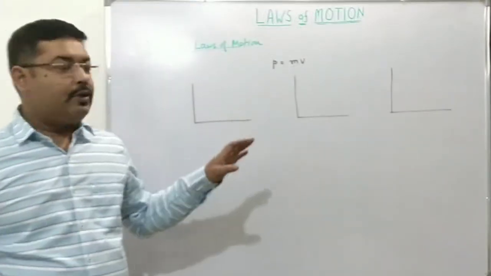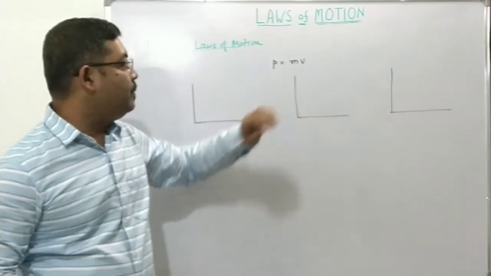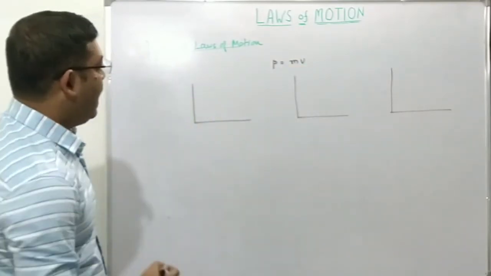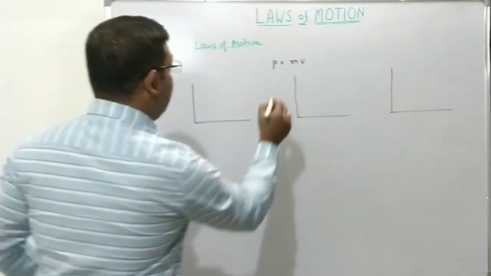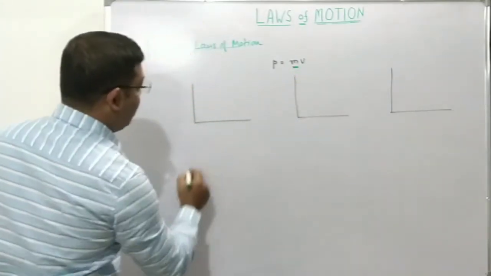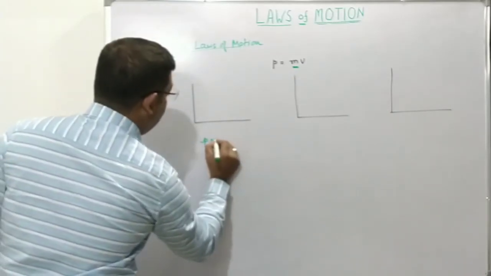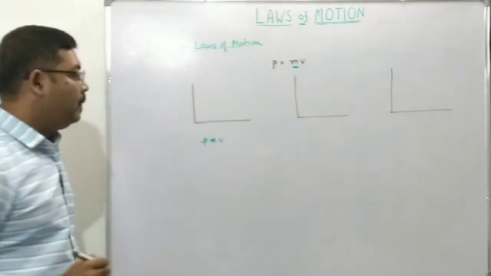Now, prior to going into Newton's laws of motion, let's consider this equation p equal to mv. If m is a constant, m doesn't change, then we can say that p is proportional to v.